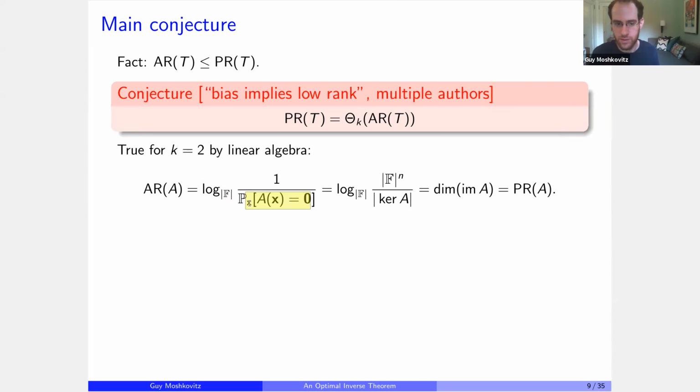If you properly normalize it, dividing by F to the n, we know that the size of the kernel over a finite field is exactly the size of the field to the dimension of the kernel. So by rank-nullity, after you normalize with the log, you just get the dimension of the image of A, which is just the rank of the matrix A.